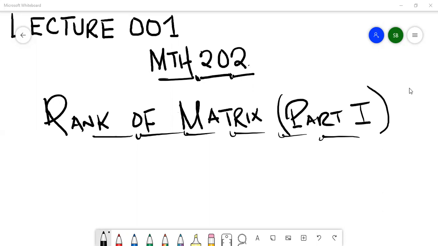As we recall, a matrix, say A, of dimension n by n, can be written as follows.